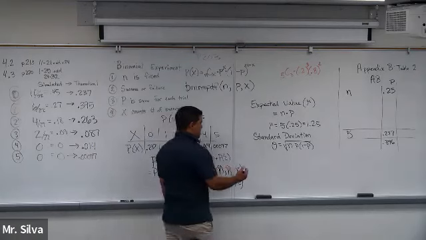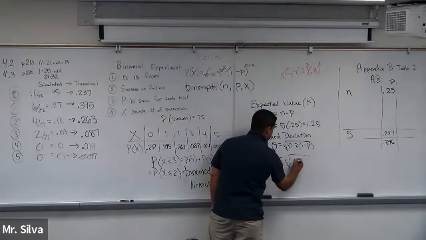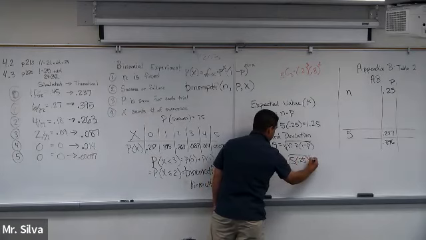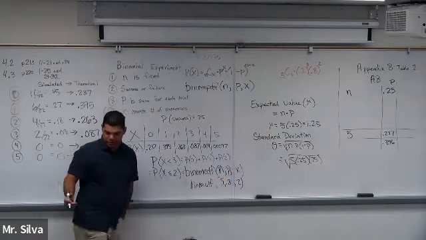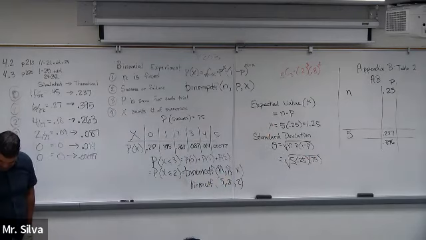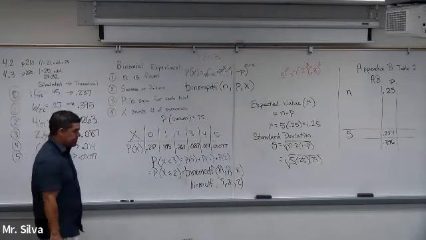So let's do the calculation. Square root of 5 times 0.25 times 0.75. There's no shortcut for this on the calculator. You just do the math. Second, x squared. Five times 0.25 times 0.75 is 0.968.